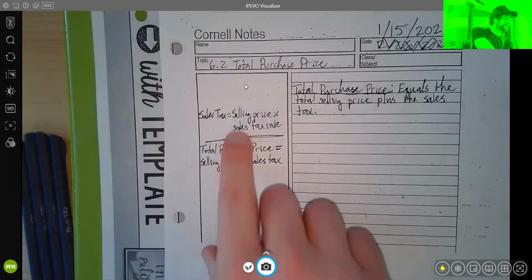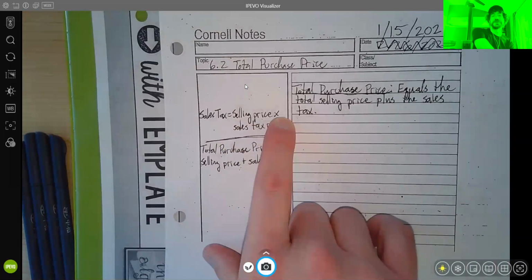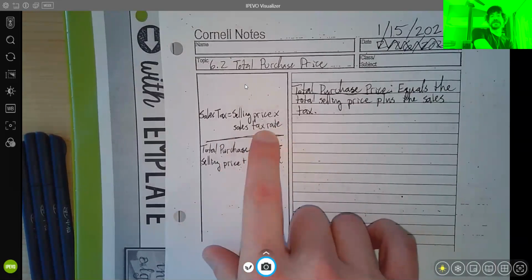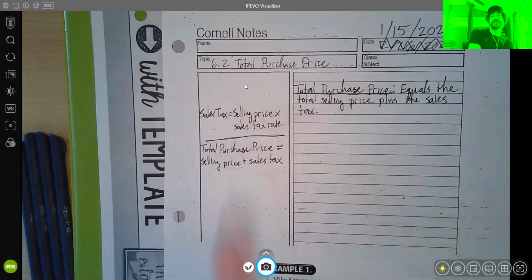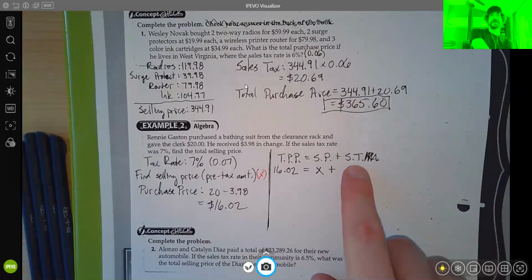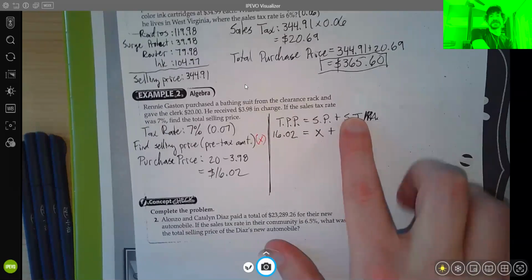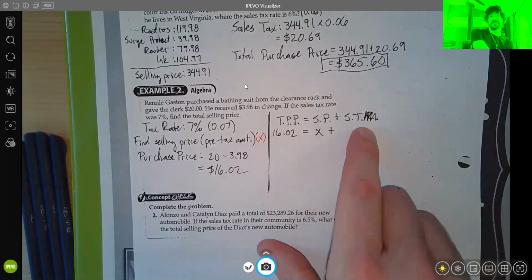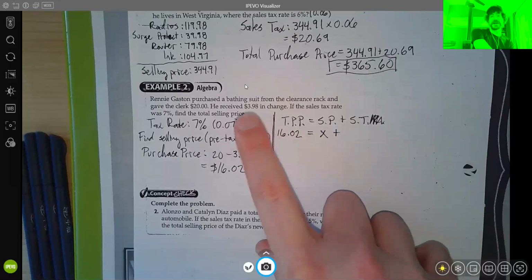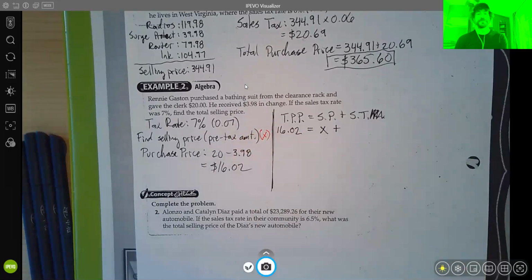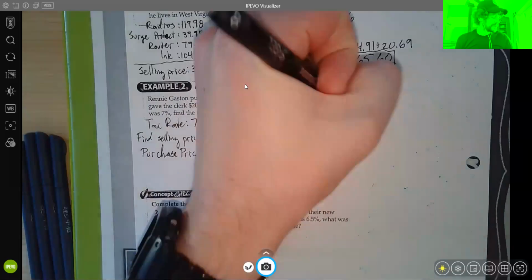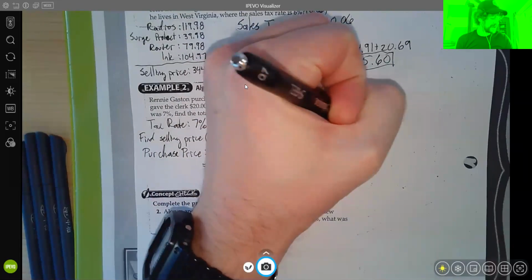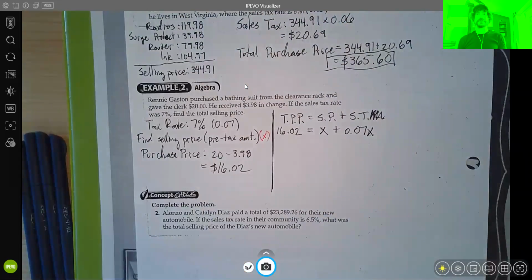So calculating sales tax is the selling price multiplied by the sales tax rate. So sales tax, this is two things multiplied together. It's the selling price, X, multiplied by the sales tax rate of 0.07. So if we multiply those two things together, that is what it looks like.